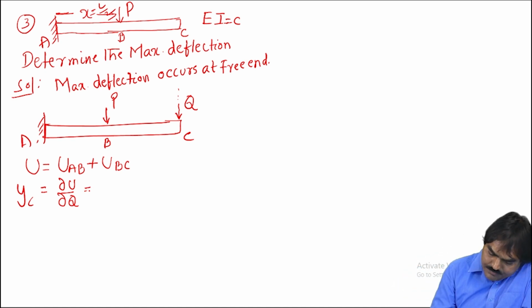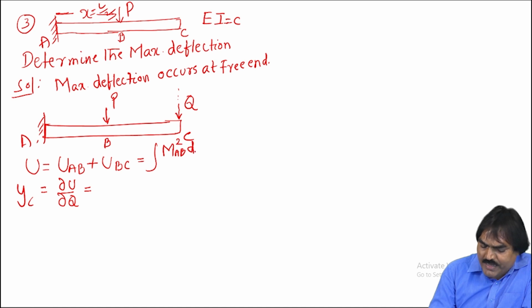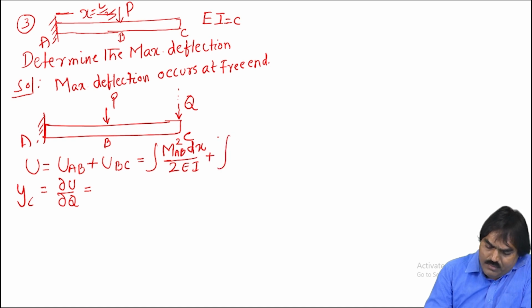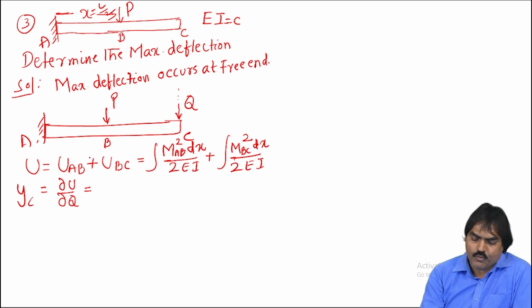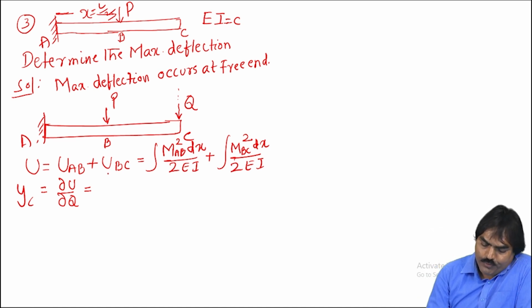Differentiate the total energy with respect to the load at the point. That becomes, see, if I write the energy equation here, this is MAB square dx by 2EI plus MBC square dx by 2EI. This is the energy in the portion BC. Okay. Then when I differentiate this with respect to Q, what does the formula become?